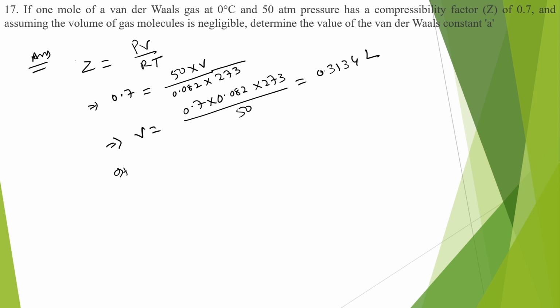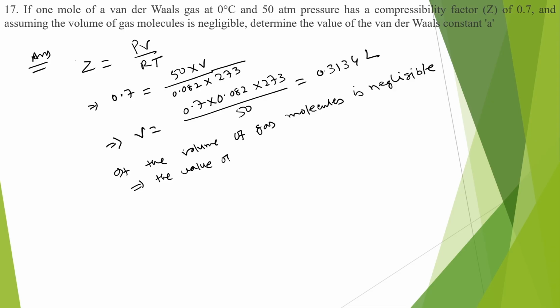If the volume of gas molecules is negligible, it means van der Waals constant b is negligible.